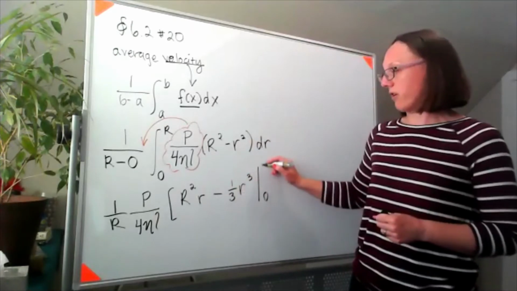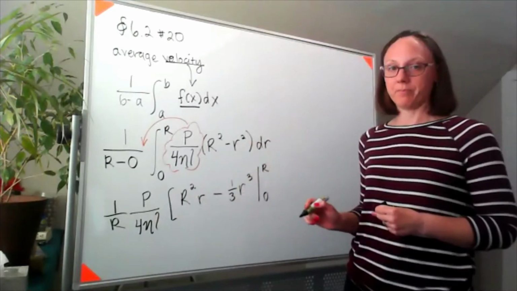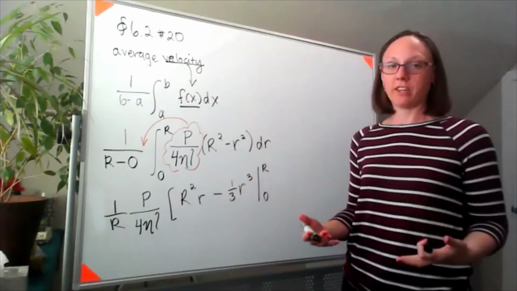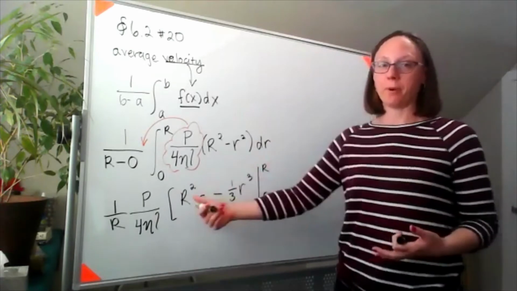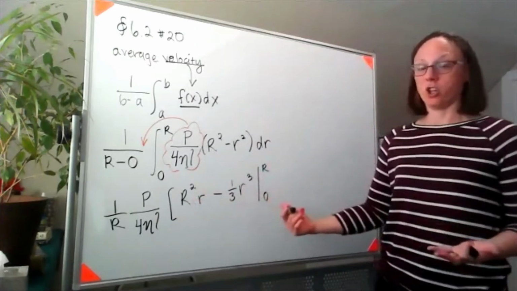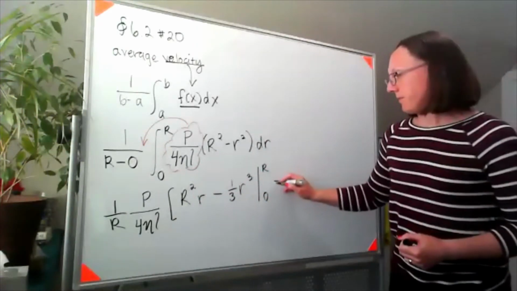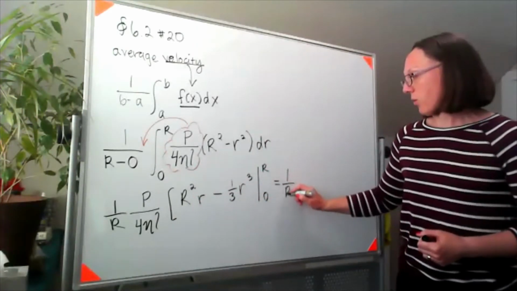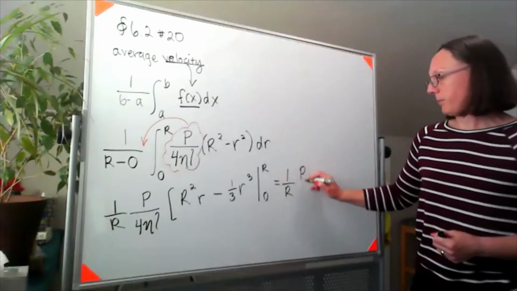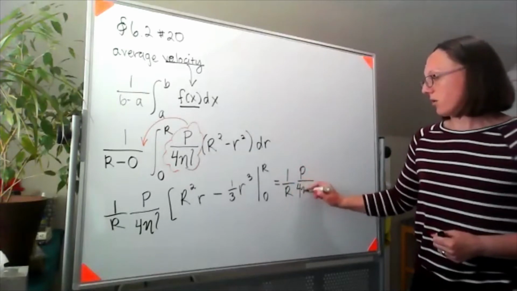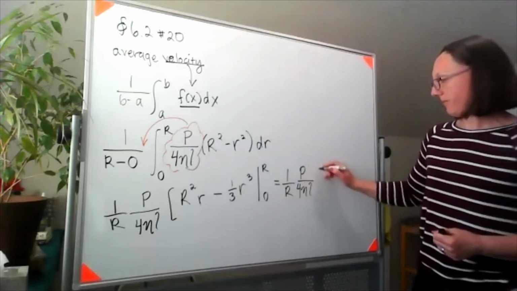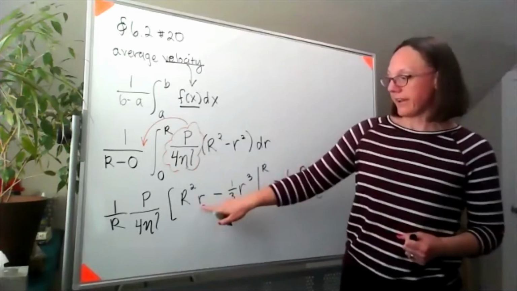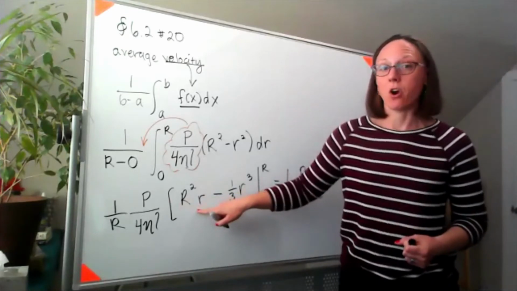And that was going from 0 to big R. Fundamental theorem of calculus says I'm going to plug in that upper limit and subtract off plugging in our lower limit. So I think I'm going to end up with 1 over big R times P over 4 mu L. When I plug in big R here, I could simplify that to be big R cubed.